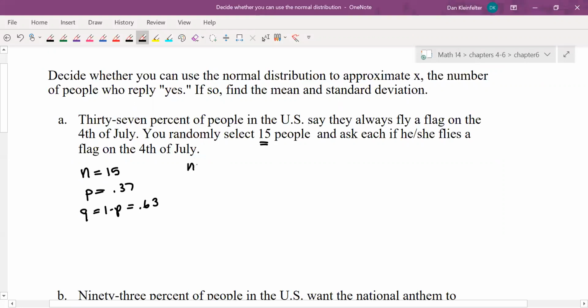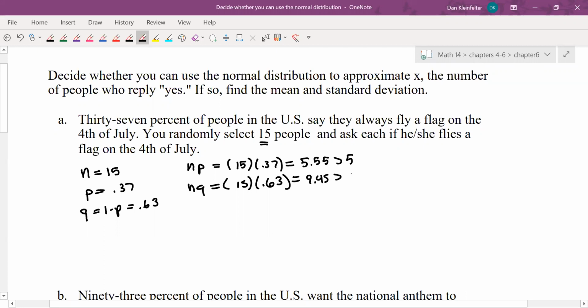Then our np, we needed that to be greater than 5. 15 times 0.37 works out to be 5.55, which is greater than 5. So that's good. And then we also needed nq, which is 15 times 0.63. That has to be greater than 5 also, and it works out to be 9.45, so it's okay.